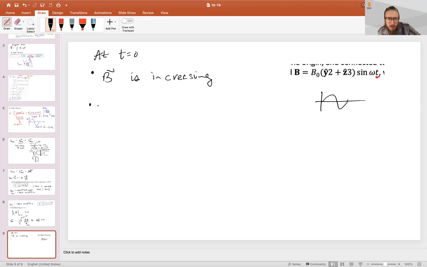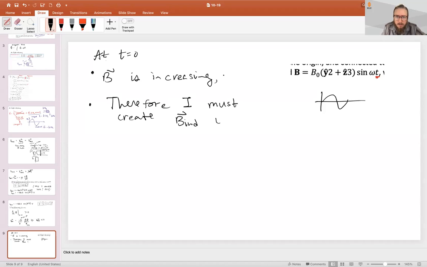The current I must create a B induced in the minus Z. So if you have a magnetic field that's increasing in the positive Z, right, that's going to make a current.